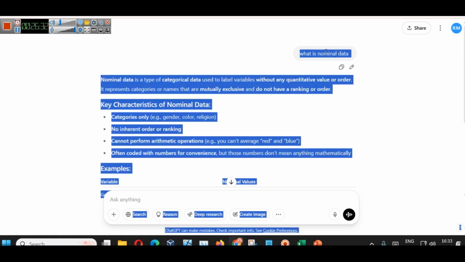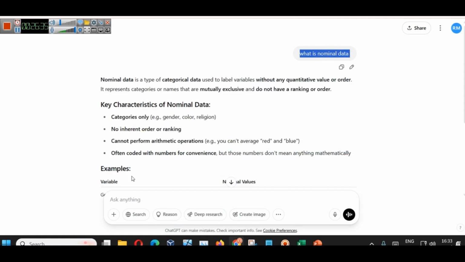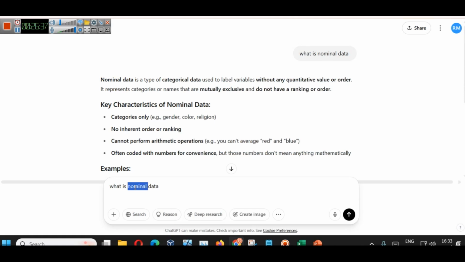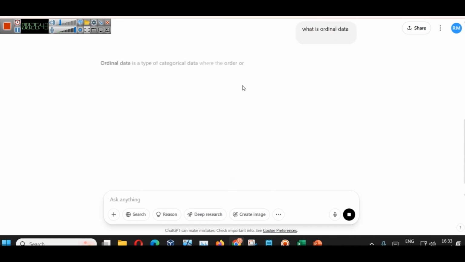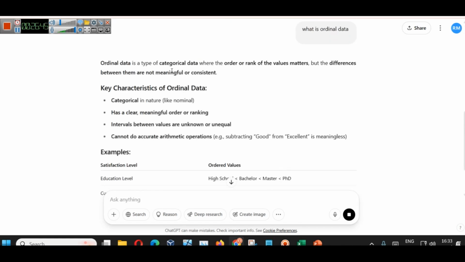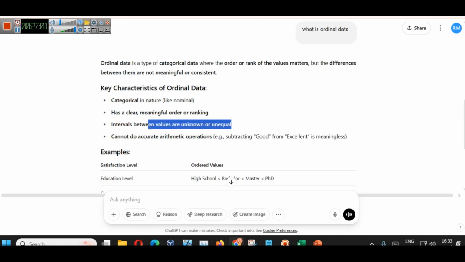And we can also say ordinal data. I already gave you some examples, but let's ask Mr. ChatGPT. So here you can see ordinal data is a type of categorical data with an order or rank of values, but the difference between them is not meaningful or consistent. Okay, it is the same as categorical, has a clear meaningful order or ranking, and the interval between values is unknown.